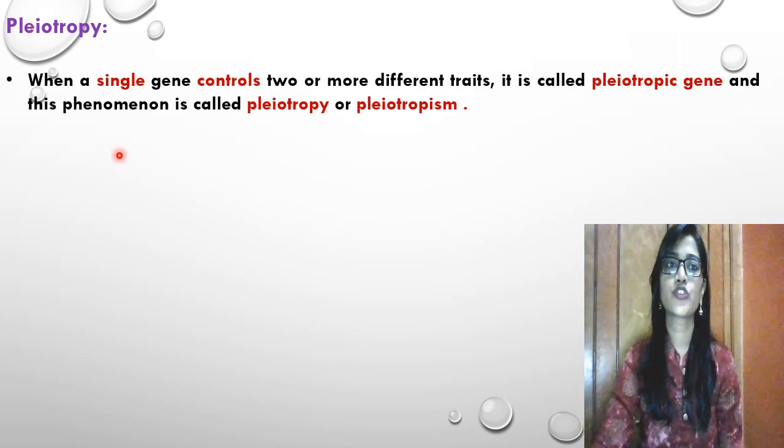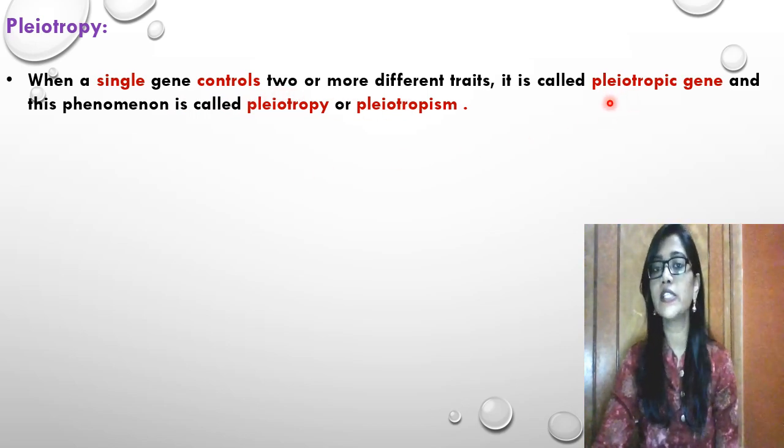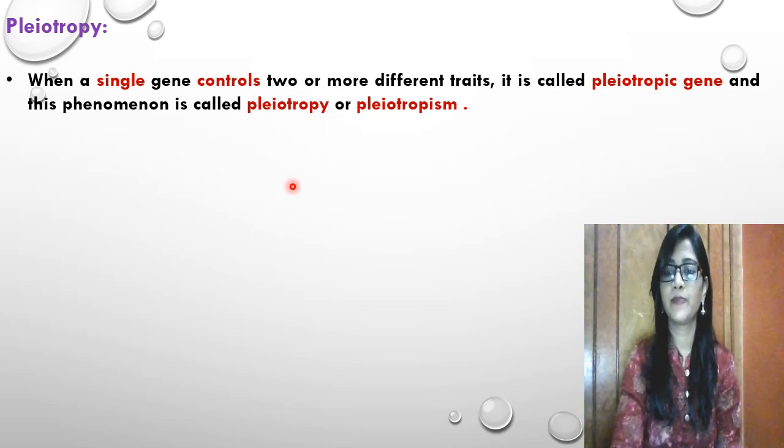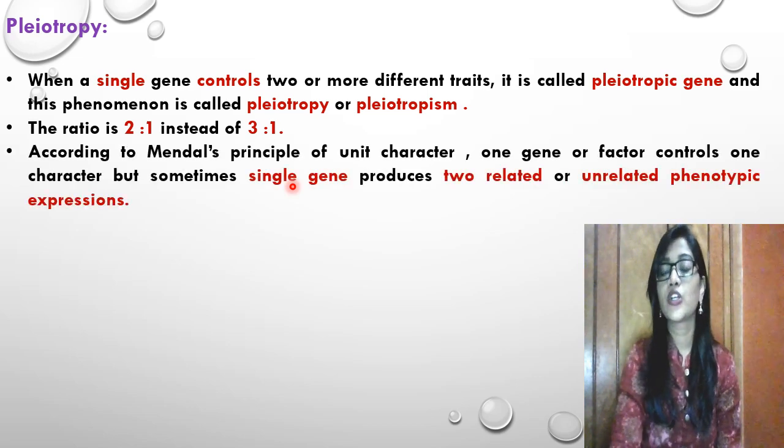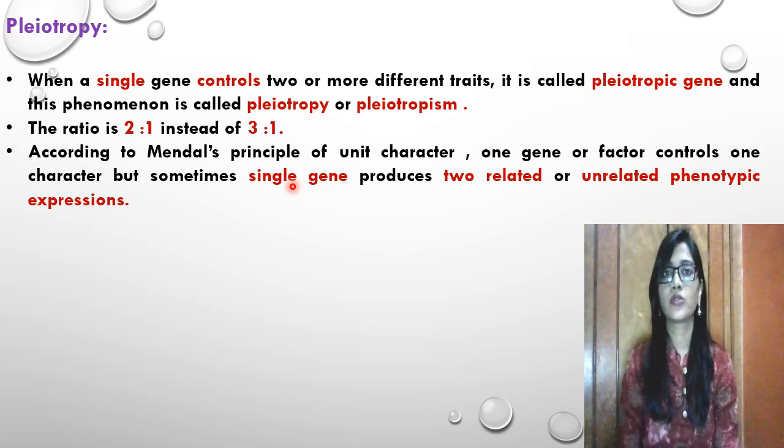So in pleiotropy, when a single gene controls two or more different traits, it is called a pleiotropic gene, and this phenomenon is called pleiotropy or pleiotropism. And the ratio, as I have mentioned earlier, is 2:1 instead of 3:1 because of the death of homozygotes.